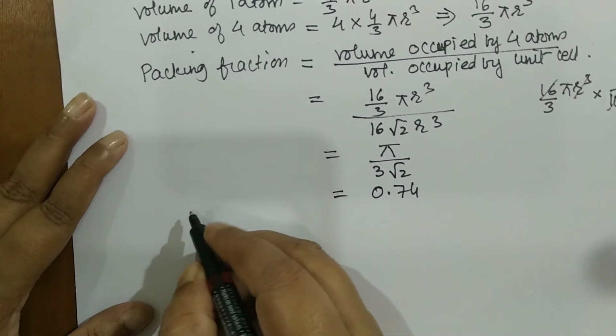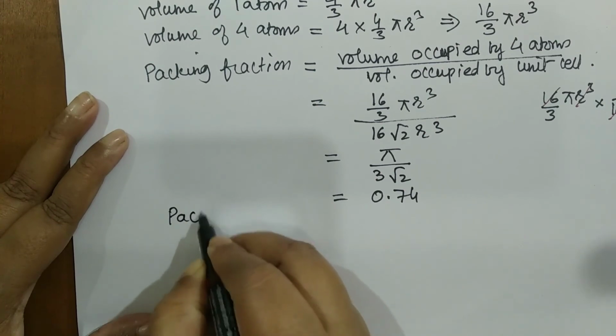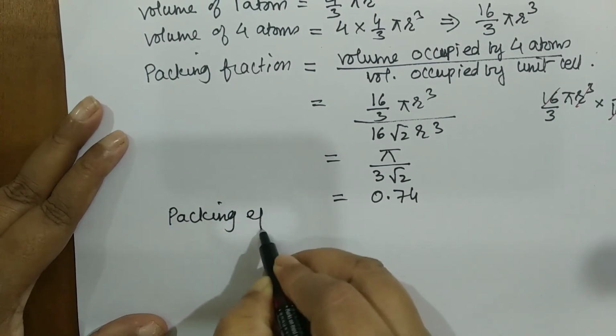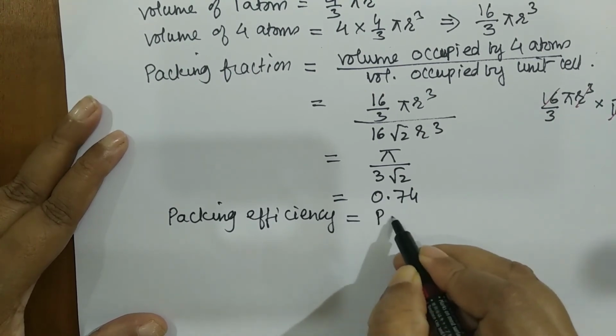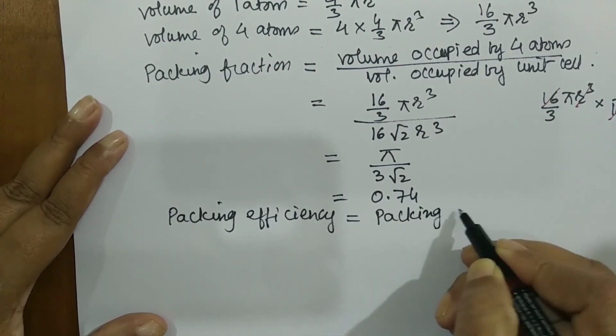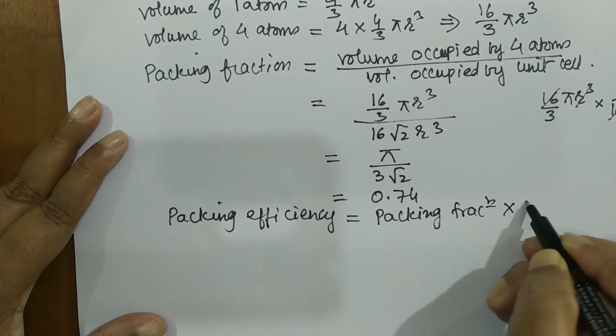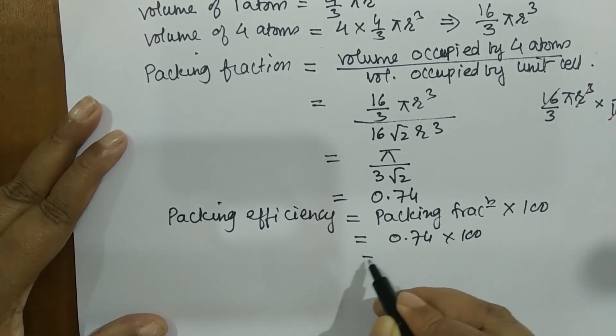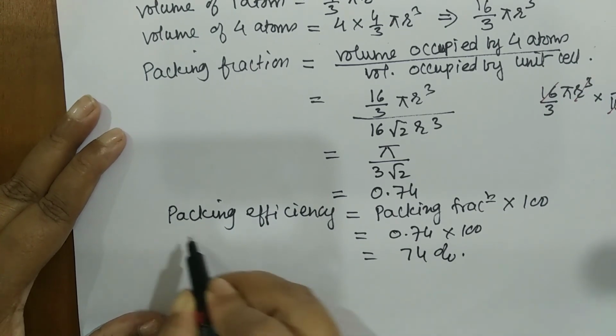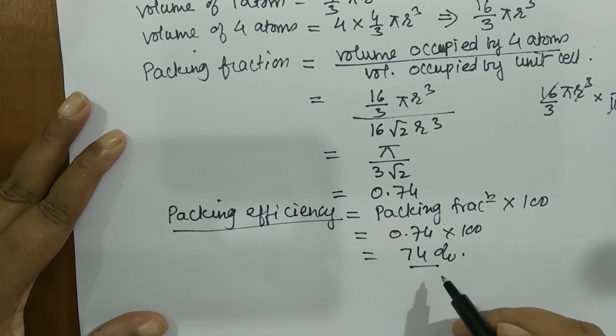Let's go for packing efficiency now. So packing efficiency is equal to packing fraction into 100. So this will be 0.74 into 100. So here answer is 74%. So how much is the packing efficiency? 74%.